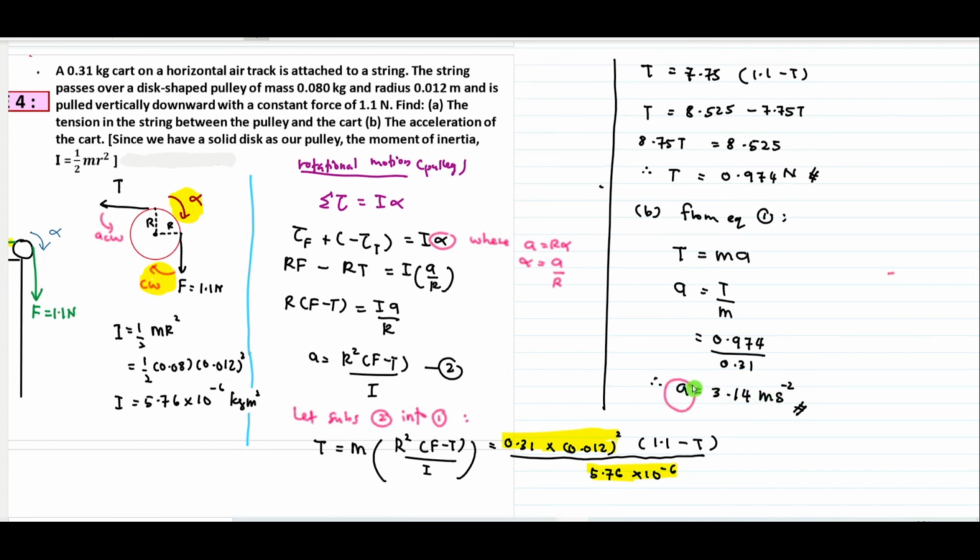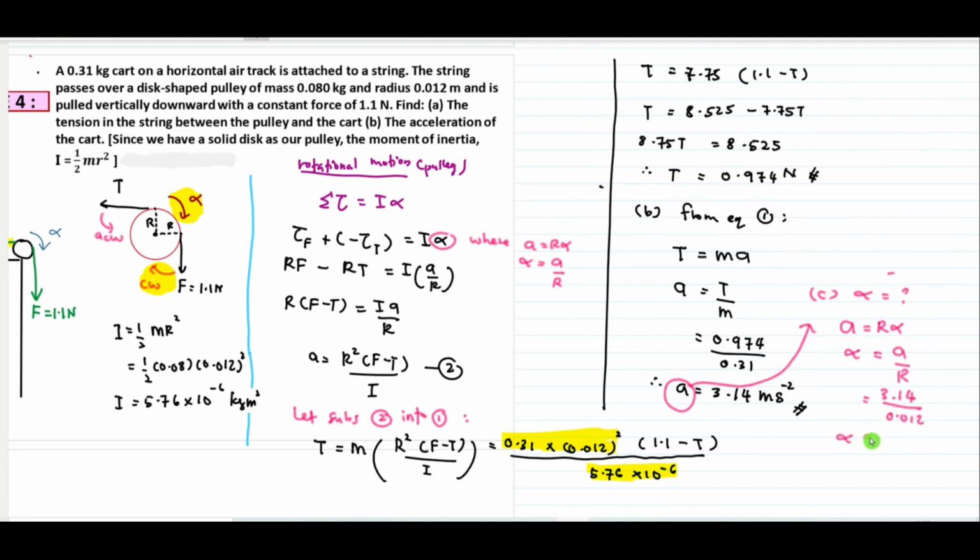Note that this unit is for A, not alpha. Let's say the question adds question C: calculate the angular acceleration. From A, we know that A is equal to R alpha, so alpha is equal to A over R. So we can just find 3.14 over R, where R is the radius of the pulley, 0.012.